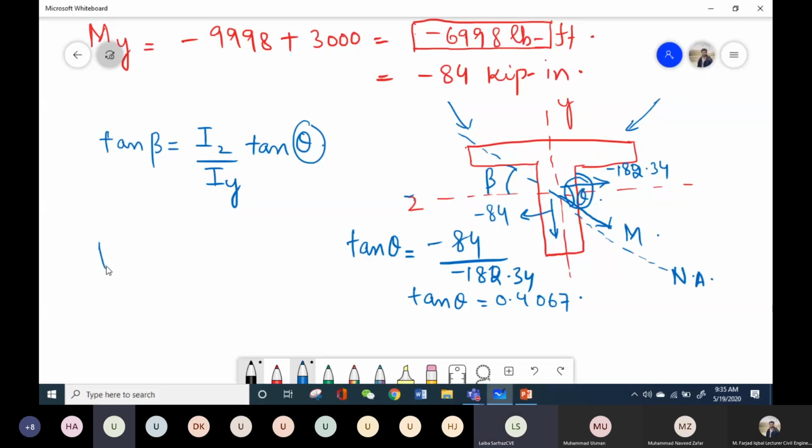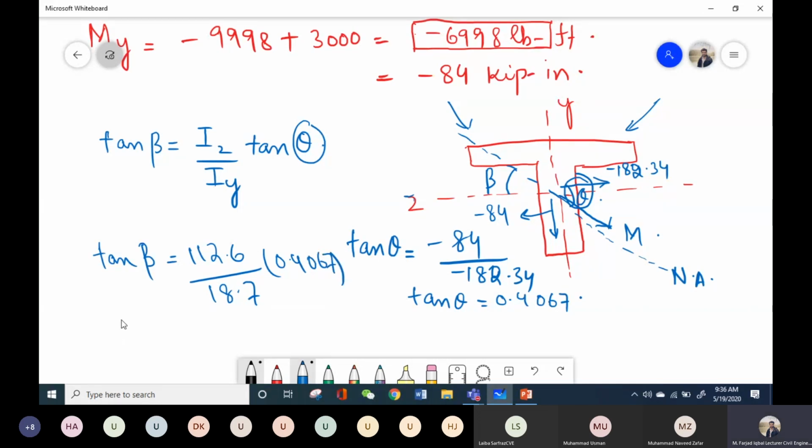Yes, sir. Okay. So now this tan beta, what is Iz? What was the value in the question? I think it was 112.6, and the value in the y direction is 18.7, and this tan theta is equal to 0.4067, right?